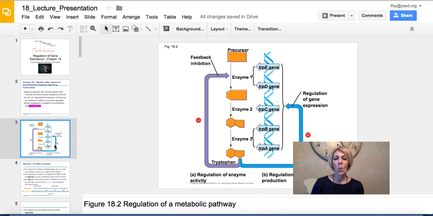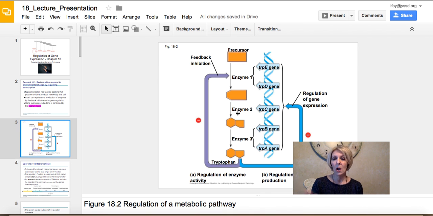Remember that we have already learned that in a metabolic pathway, different enzymes catalyze certain parts of that pathway to make something. One of the ways that any living cell can control that is by the regulation of the enzyme activity with negative feedback.